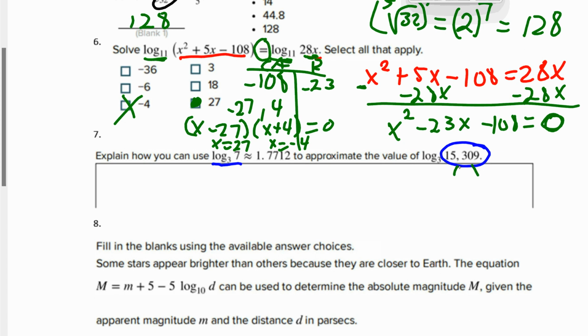So I want to break 15,309 down into factors of 3 and 7 because I know two facts: log base 3 of 3 equals 1, and log base 3 of 7 is approximately 1.7712. If I can break this down to 3's and 7's, then I can just be adding 1 and 1.7712.